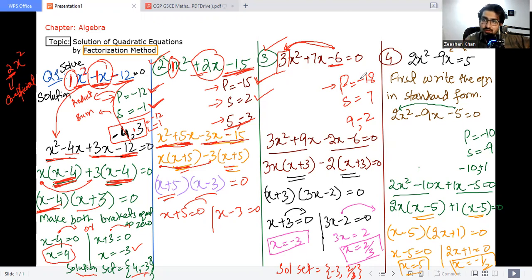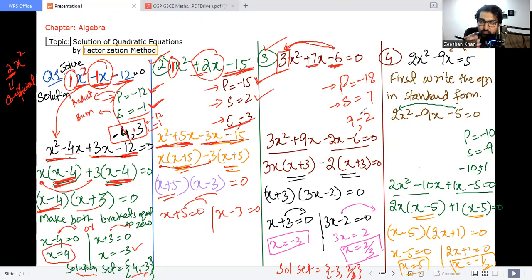This is a bit of a change when you have a coefficient of x square. We will multiply this negative 6 with that 3. So negative 18 is the product, and the sum will remain the same, so that is plus 7. Keep the signs, write the signs correctly. Now we will again choose two numbers.